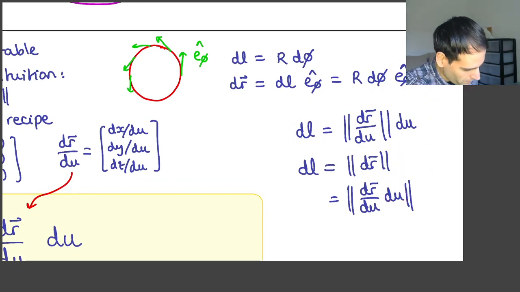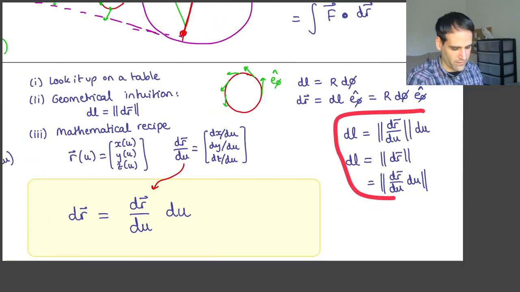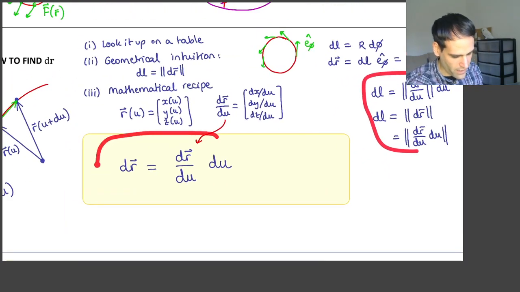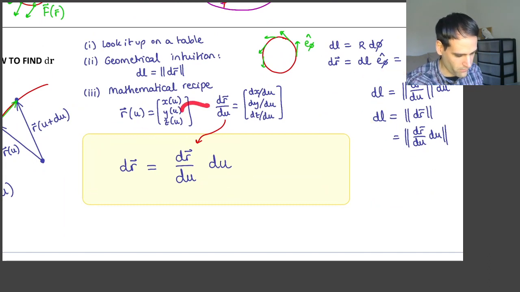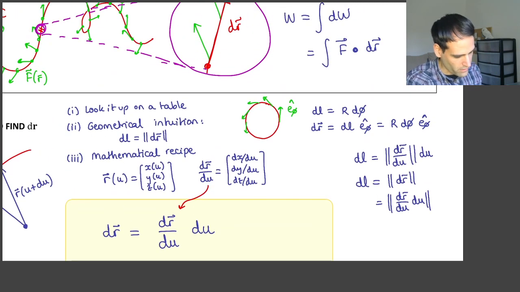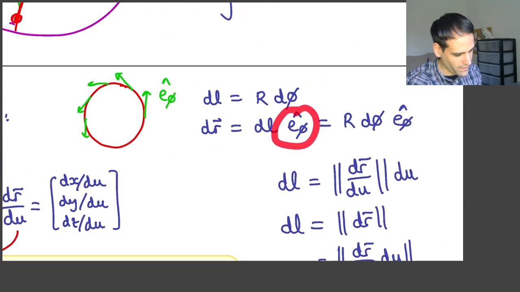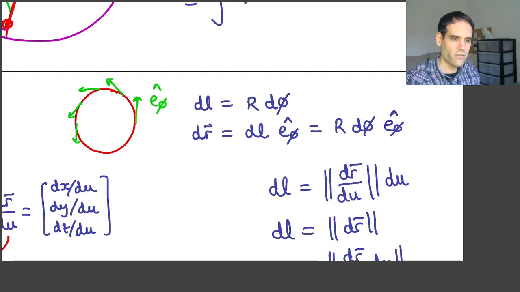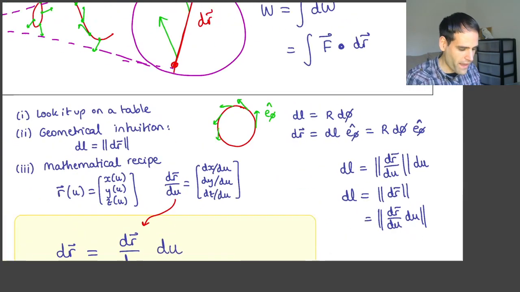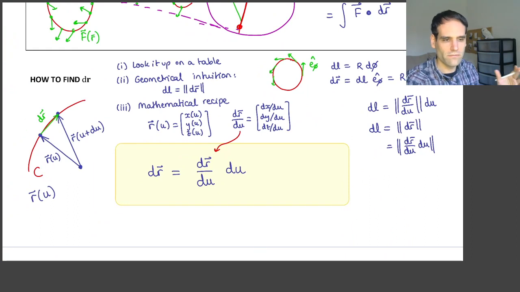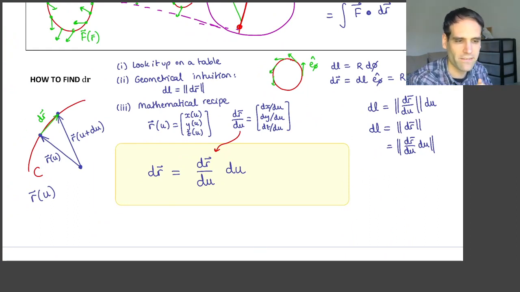So everything should start making perfect sense. Sometimes the fastest way to find dr is by using the definition: first you find the parametric curve, then you do the derivative, and then you use this definition. But sometimes you don't have to, because you can just find dl, which is intuitive, and then add a unit vector in whatever direction is tangent to the curve. In the end of the day, all paths lead to Rome. All of these methods lead to the same answer. So that is how to find dr.